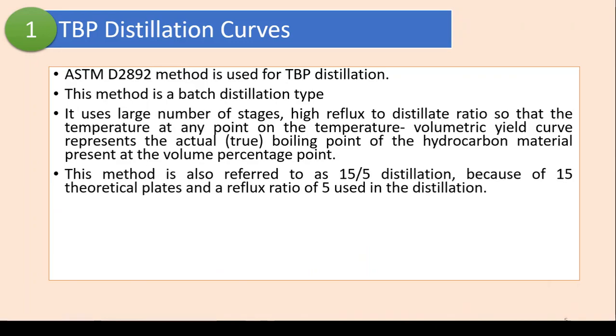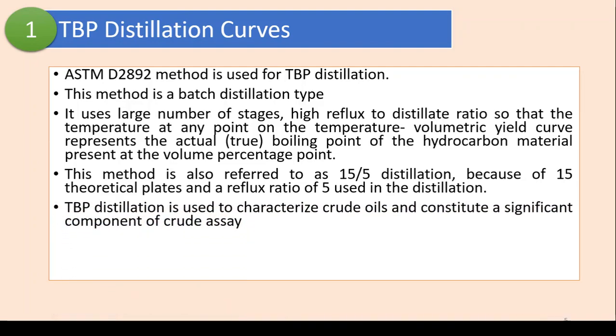Normally we refer to the method as 15 by 5 distillation, that is 15 theoretical plates and 5 is the reflux ratio. And this TBP distillation is very useful to characterize crude oil, and that's why it is mainly carried out for crude oil, because it gives so much information regarding the crude oil.